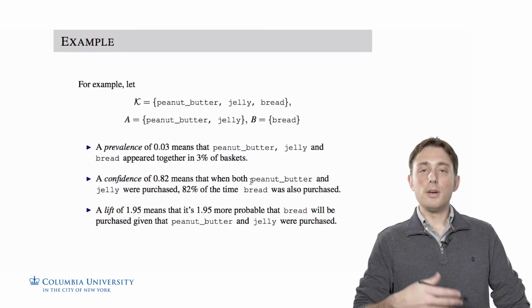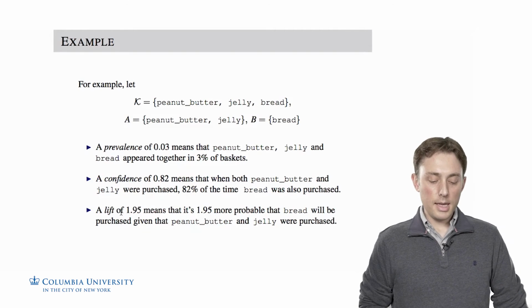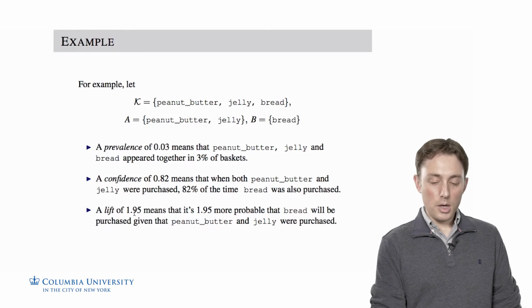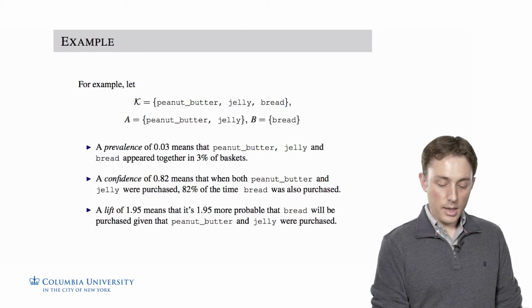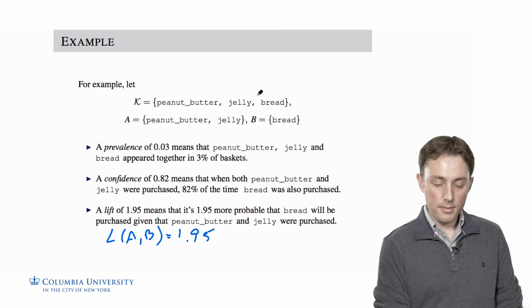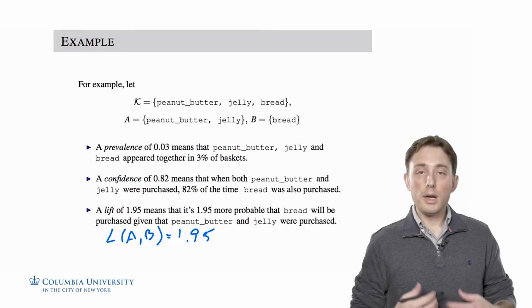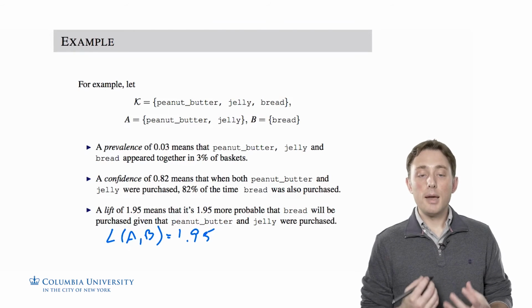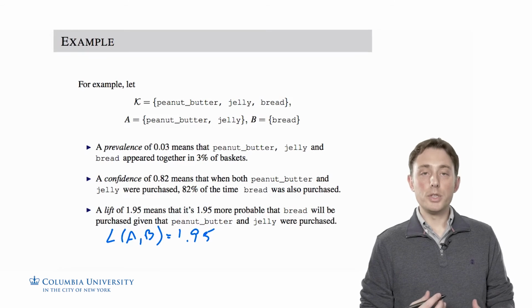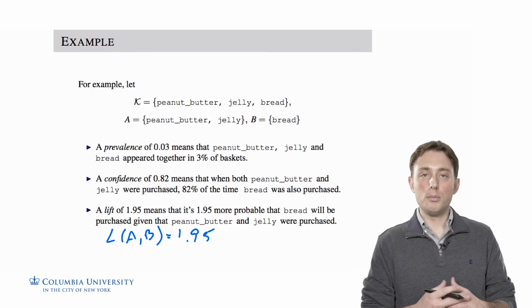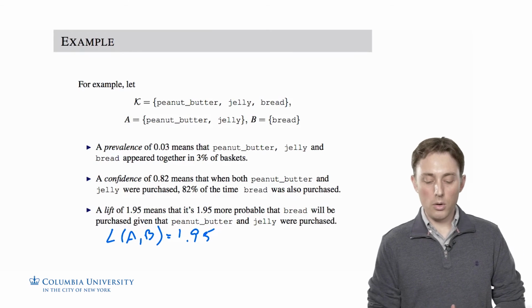And then finally, if you tell me that the lift of A and B equals 1.95, then what that means is that it's 1.95 times more probable that bread will be purchased given that peanut butter and jelly were purchased compared to the probability of bread being purchased at all.